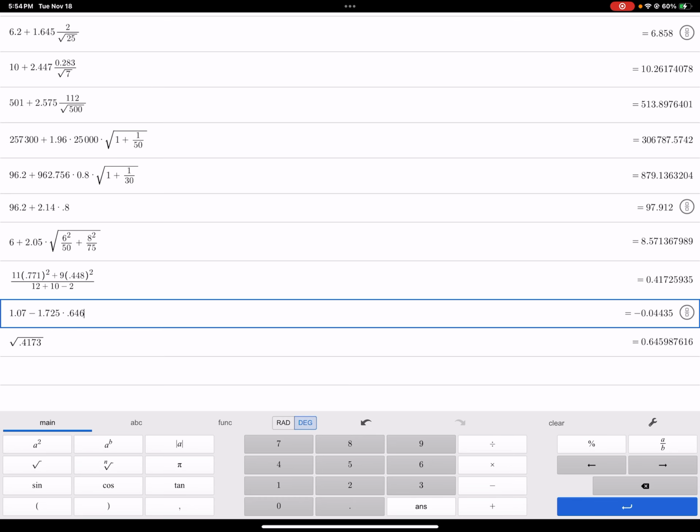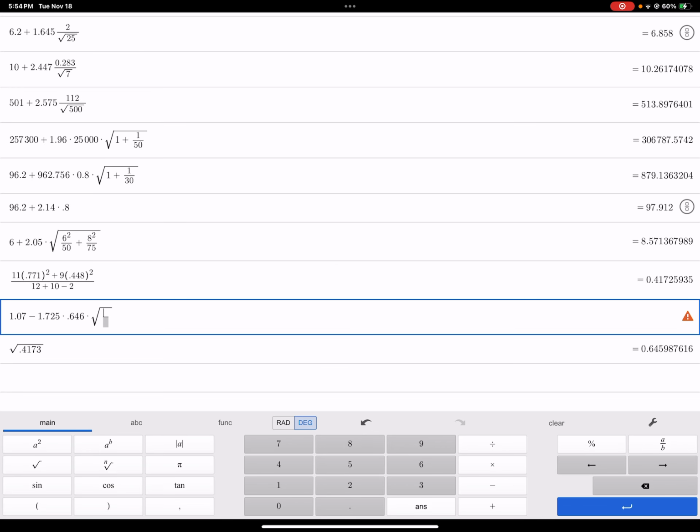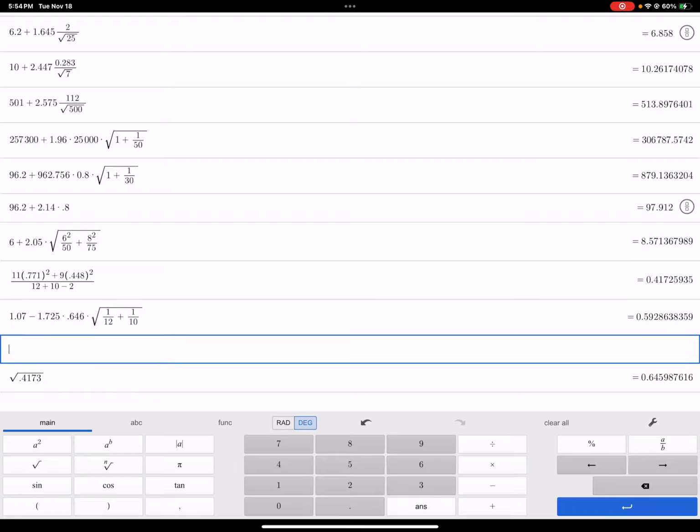0.646. Okay? Times the square root of 1 over n1 plus 1 over n2. Okay, answer: 0.593.